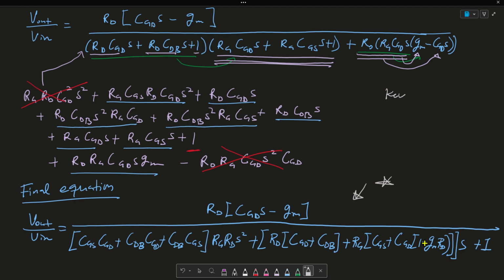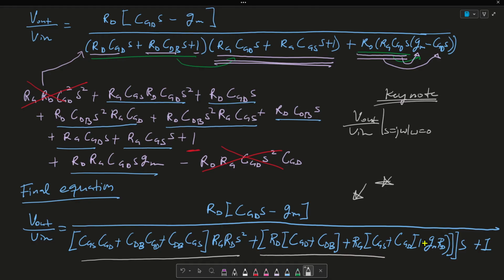So now a key note, which I've talked about in the common source amplifier video posted in the description below. If we consider V out over Vin for S equals j omega, and omega is equal to 0, we're going to notice that this term goes away, it goes to 0, and this term goes away, it goes to 0, and this term here goes away, it goes to 0.